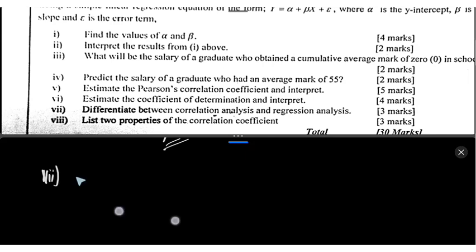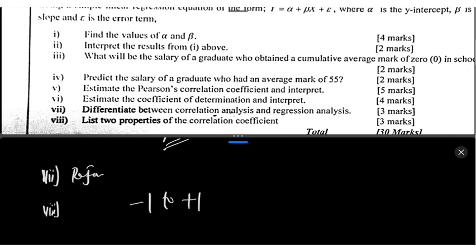And then lastly, here I refer to the notes. We are also asked to list two properties of correlation. So what are some of the properties of the correlation coefficient? One, the correlation coefficient is always within the range of -1 to +1.